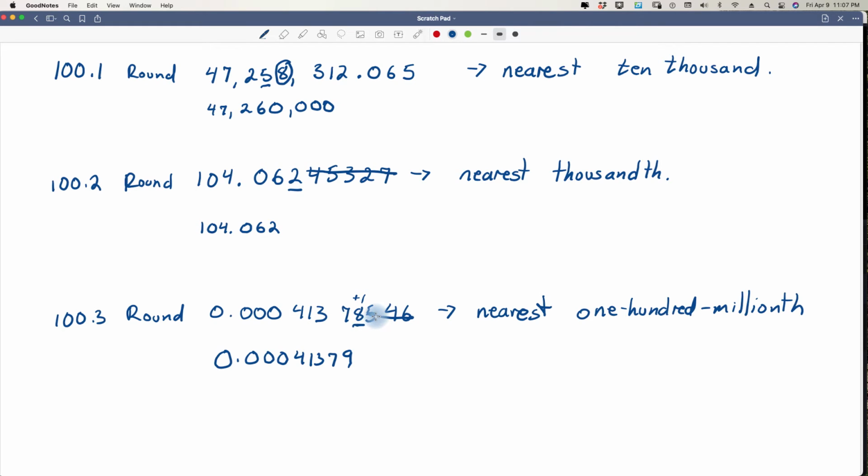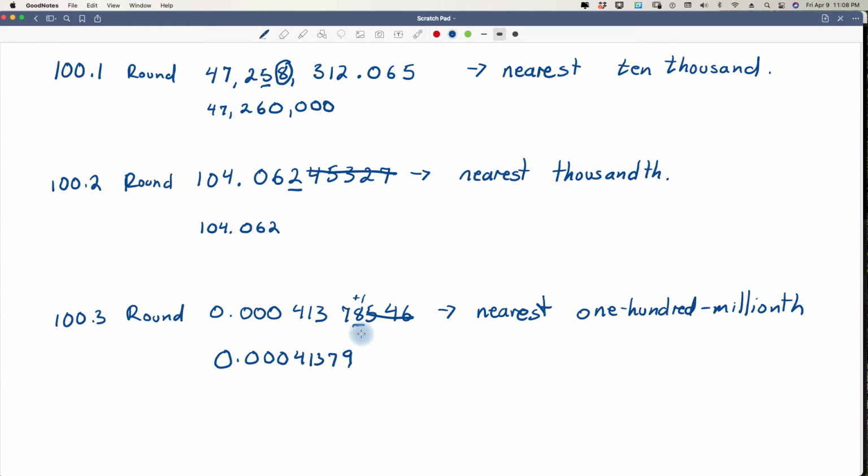Okay? You can look at 5 as the halfway point. And so 5 kind of means if you have at least half, go ahead and say it's the next one up. That's like if you say, okay, so I have 77 cents. I'm going to round that up to 80 because it's more than halfway to 80 from 70. It's the same thing. It's like saying if you have $27 in your wallet, you could tell them, I have about $30.